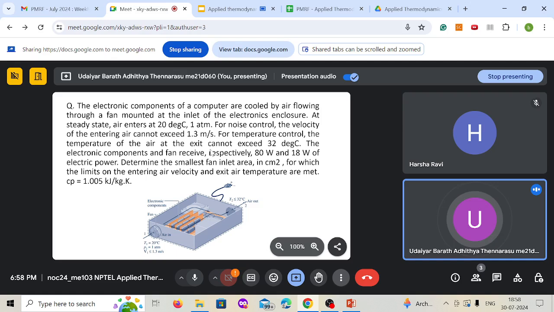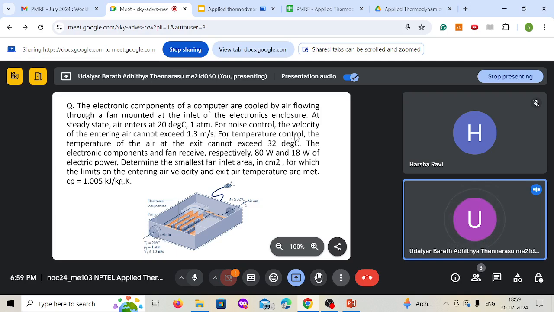So moving on, the next question is: the electronic components of a computer are cooled by air flowing through a fan mounted at the inlet of the electronics enclosure. At steady state, air enters at 20 degrees Celsius, 1 atmosphere. For noise control, the velocity of the entering air cannot exceed 1.3 meters per second.